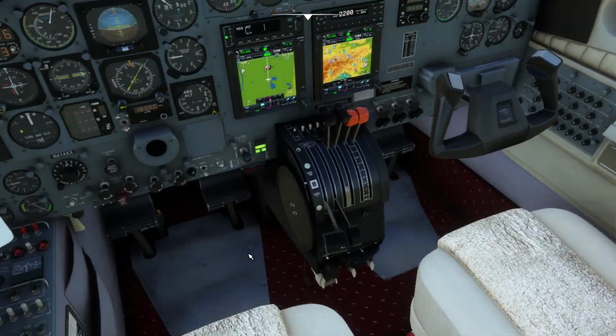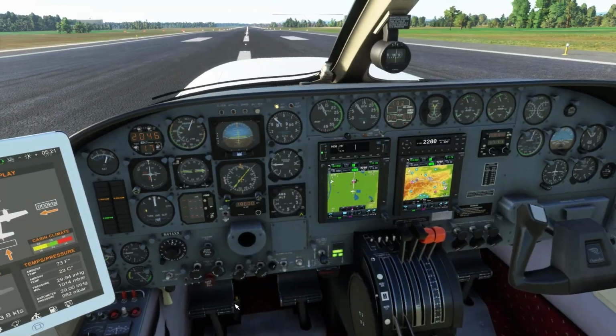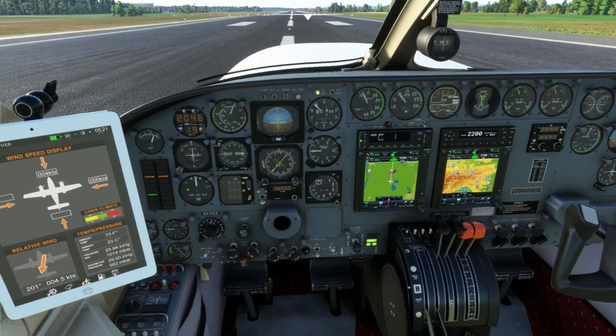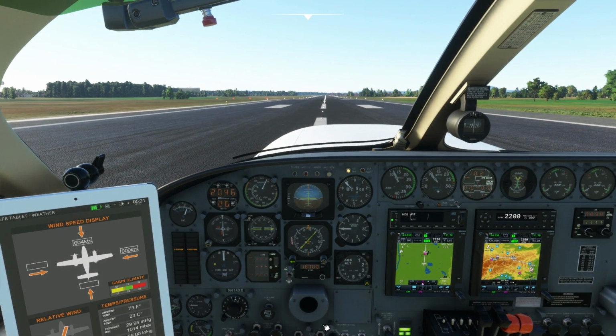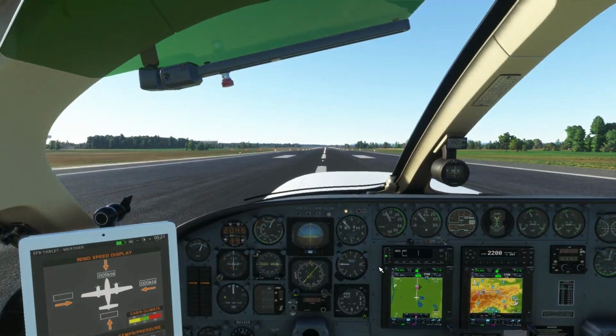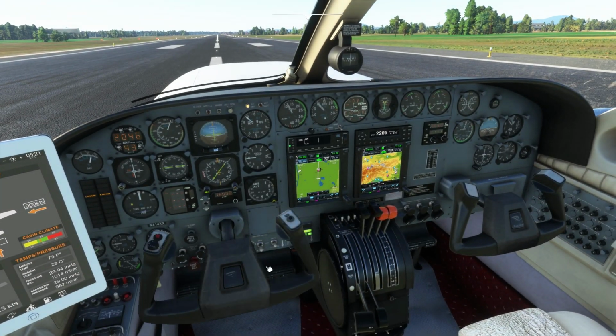Let's check the trim. Put it near the center. I'm gonna take off the heater, the air conditioning, because I need hydraulic pressure for the gear. You could take off with that system still on, but yeah, that's how I do stuff.